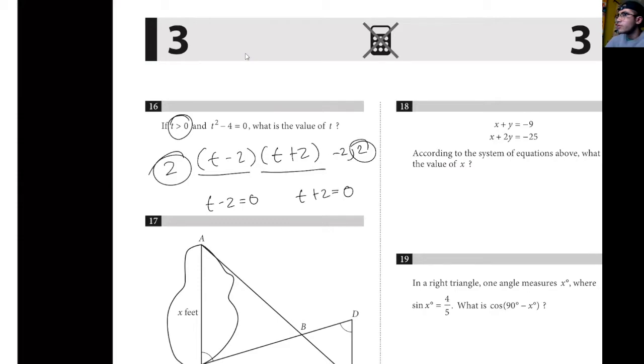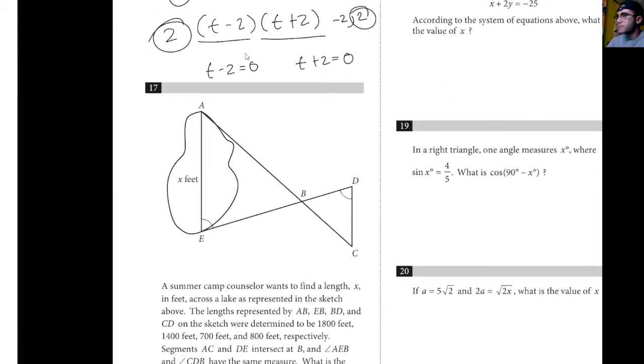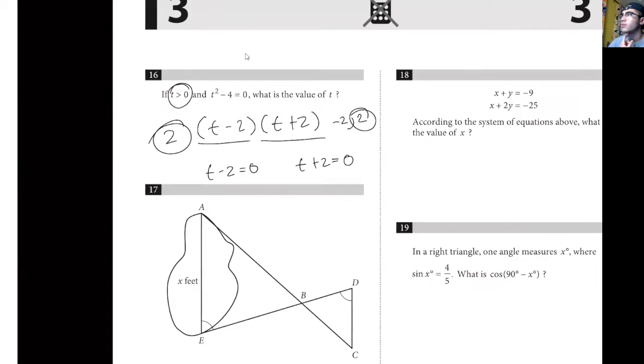Could I have moved 4 to the other side and have 2 to the power of x equal to 4? What do you mean by that, Sanvi? Oh, wait, how are you going to solve for it?